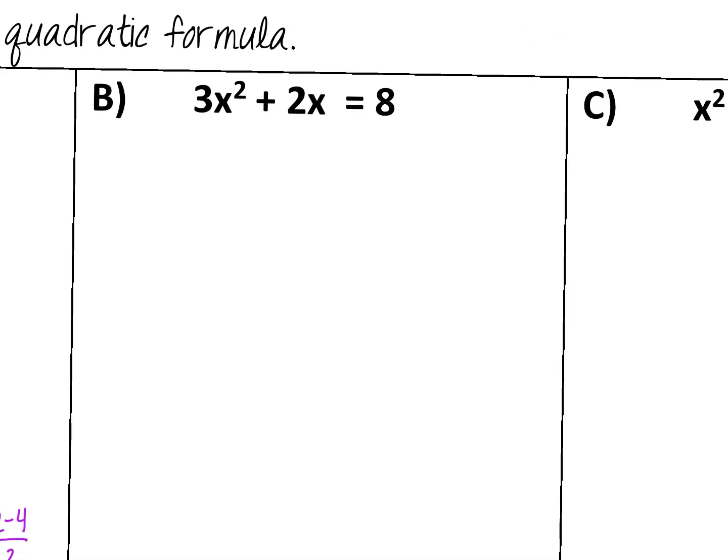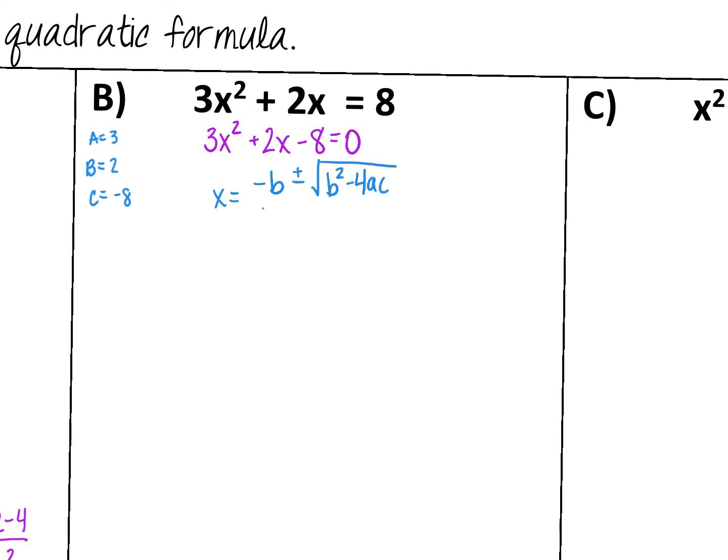First thing, let's put it into standard form. We're going to subtract that 8 over. And then identify what a, b, and c are. A is 3, b is 2, and c is negative 8. Now I'm going to jot down what the quadratic formula is. It does help me remember it the more I write it, and it also gives me something visual to plug into.